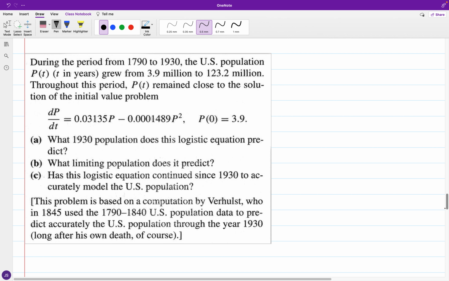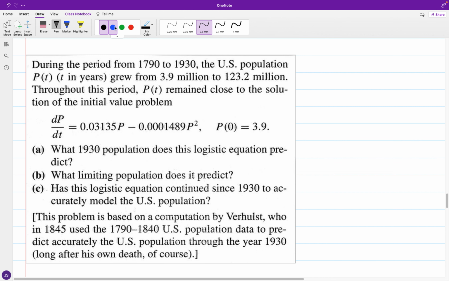So we have right at 127 million for part A.